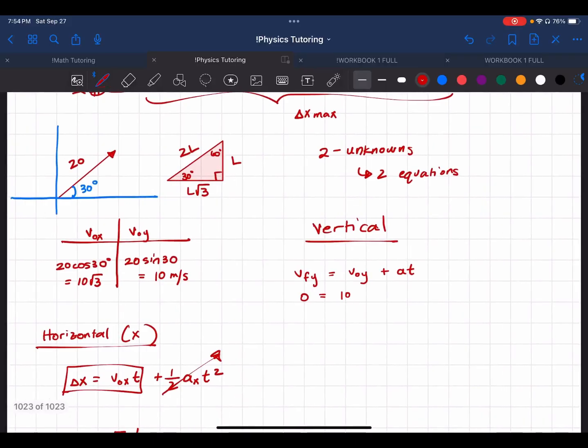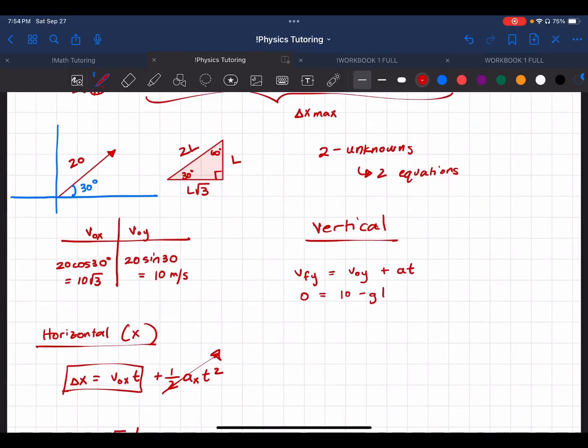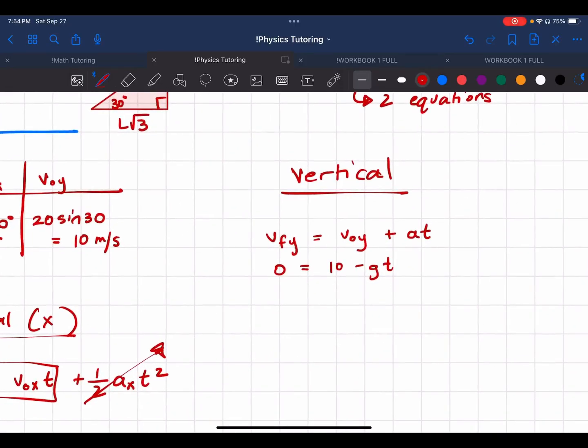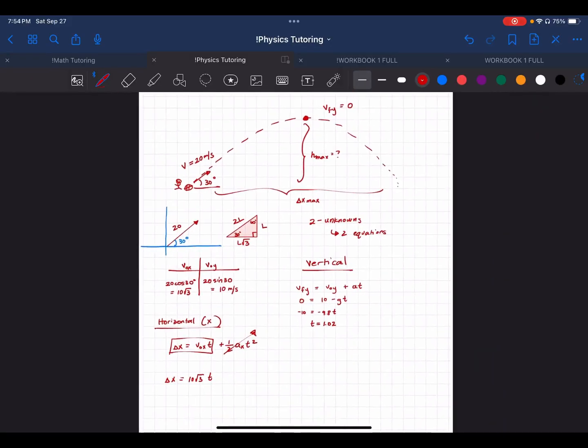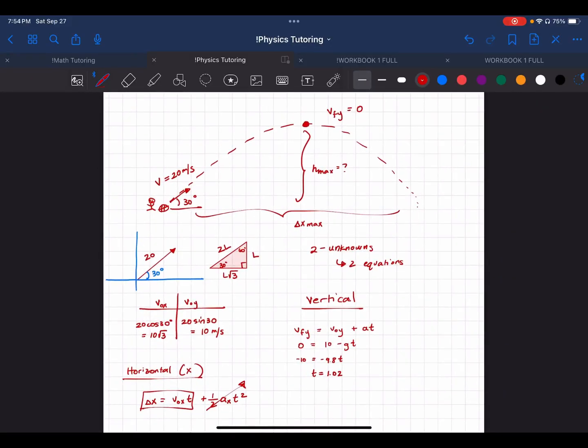I know that my gravity is 9.8. The g is going to be -10 equals -9.8 times time. And then I solve for time. It's going to be around 1 second. Let's see, 10 divided by 9.8, it's 1.02. So it took 1 second-ish to get to that maximum height, right?